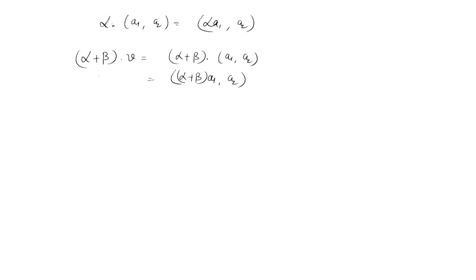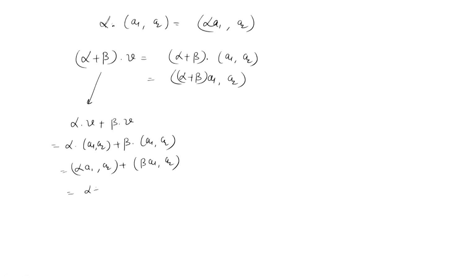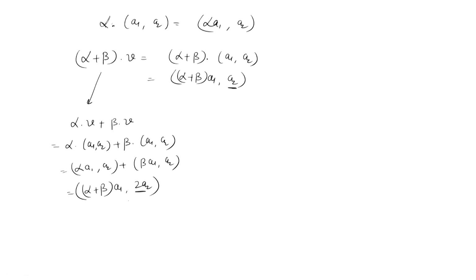But for a vector space, it must be equal to alpha dot V plus beta dot V, which is alpha dot (A1, A2) plus beta dot (A1, A2), which is equal to (alpha A1, A2) plus (beta A1, A2), and which is equal to ((alpha plus beta) A1, 2 A2) by the addition. This may not be equal to the other side if A2 is not equal to 0. So for any (A1, A2) this side is not equal to this side, which means it is not a vector space.